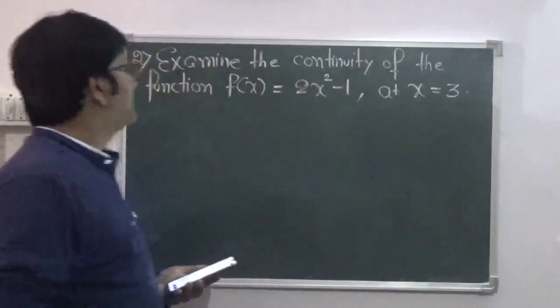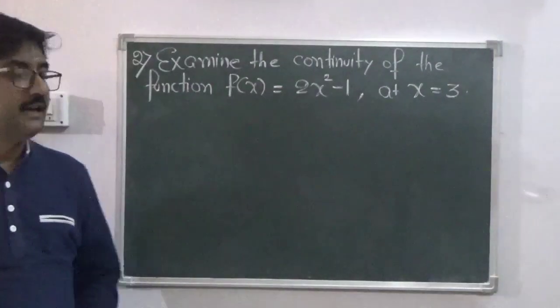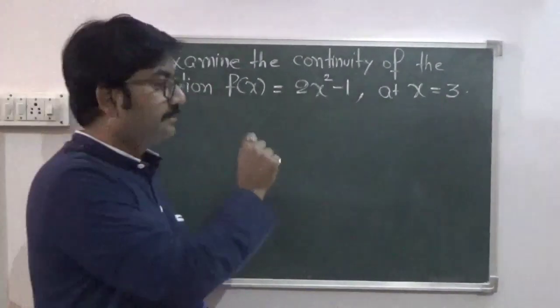So the function is f(x) = 2x² - 1, and we have to check for the continuity at the point x = 3.